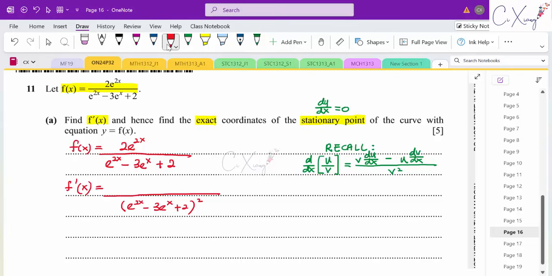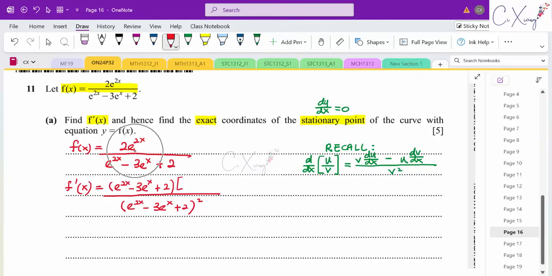Square it, then I copy the denominator first. Then I differentiate the top. Differentiate the top means differentiate 2e^2x. By right, you should copy the 2.